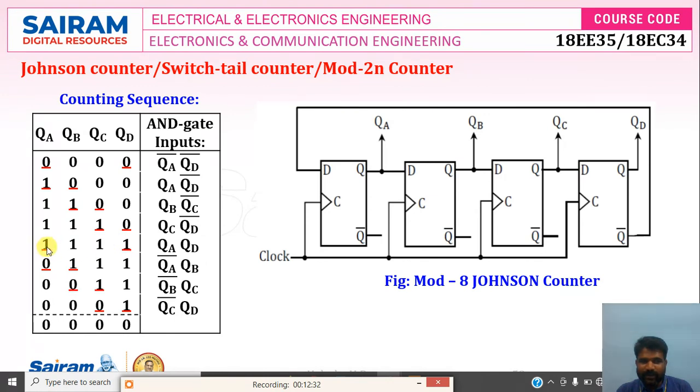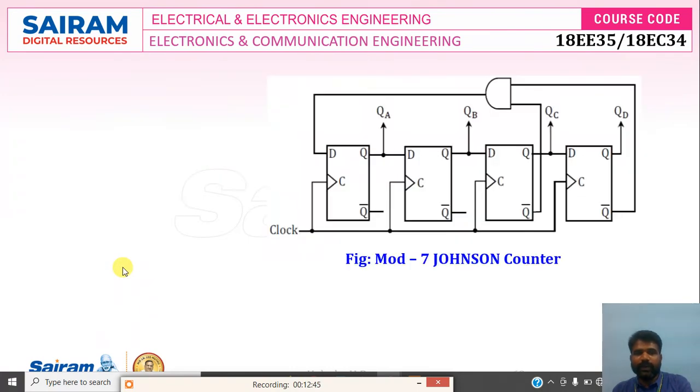So the inputs to the AND gate are the last two bits, 1 1, yeah, this one, correct? So here the complemented output of QD is connected to one input, again the complemented output of QC is connected to the other input, and its output is connected back to here. With these small changes it becomes a mod 7 counter, meaning there are 7 distinct possible states.